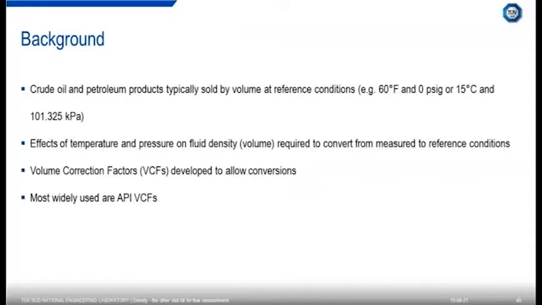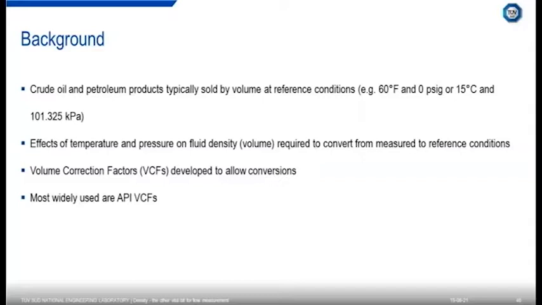Those reference conditions may be 60 Fahrenheit, 0 psi gauge, or 15 Celsius and 101.325 kilopascal. You know, we think in terms of the price of a barrel of crude oil. Brent crude is trading at, or West Texas Intermediate crude is trading at $75 a barrel.